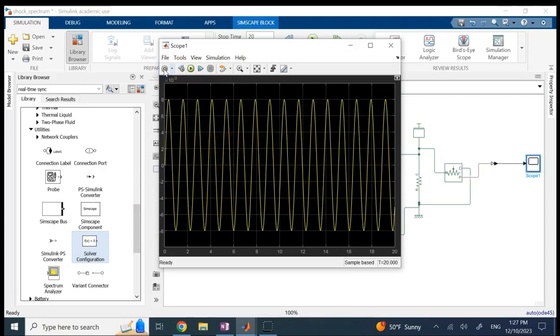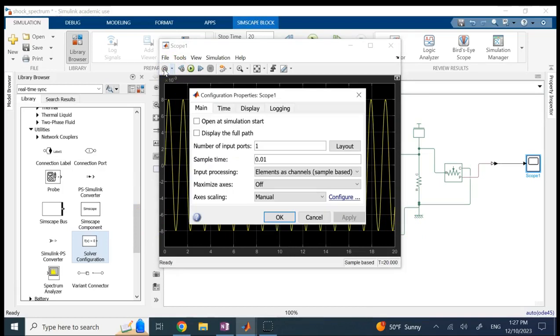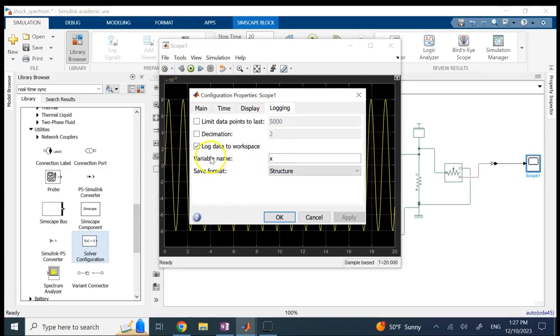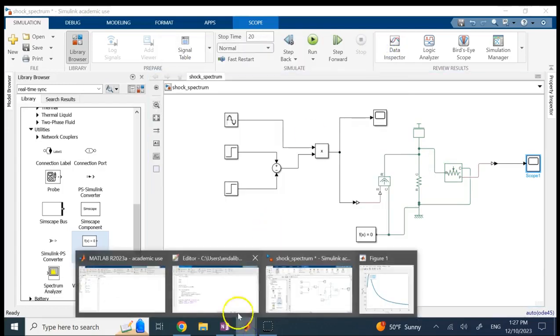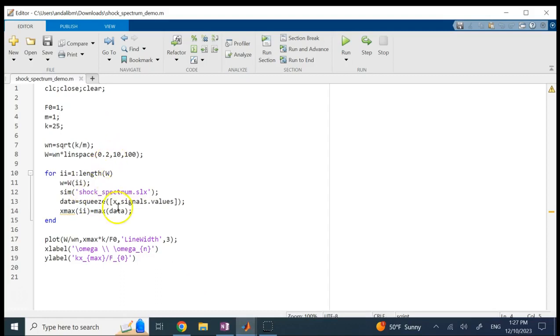Go under the settings and make sure you export the data, log it to the workspace. Here I call it X, and you have to use a structure. In this case, an array does not work. When you use the second generation blocks, they do not support arrays, so use a structure. So I send it out as X, and if you look at my M file here, I use x.signal.values to read all of the values in the structure X.